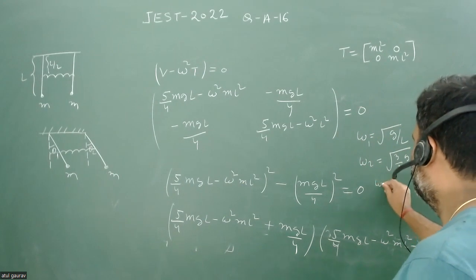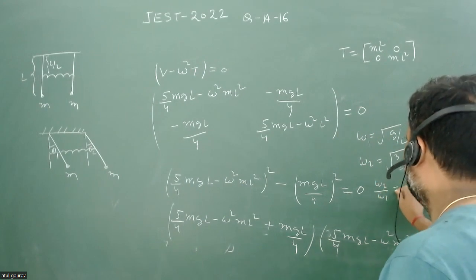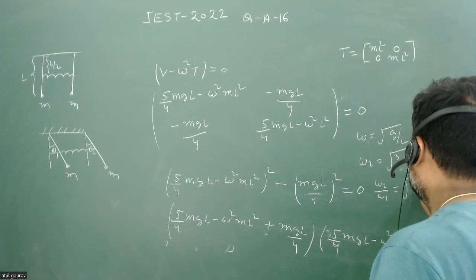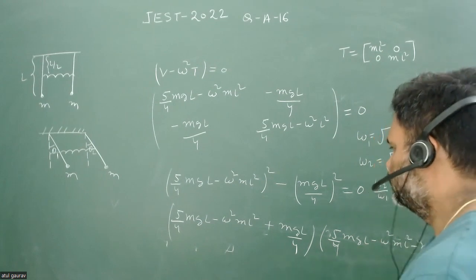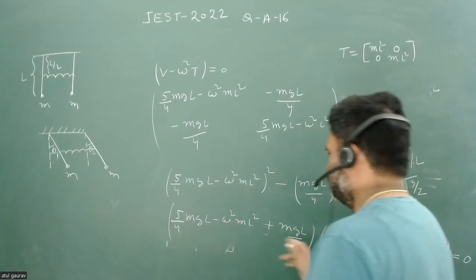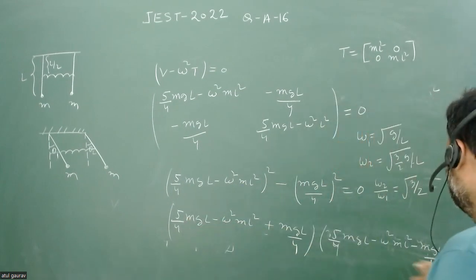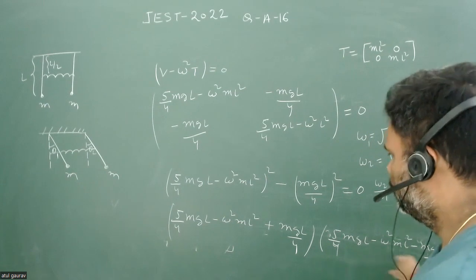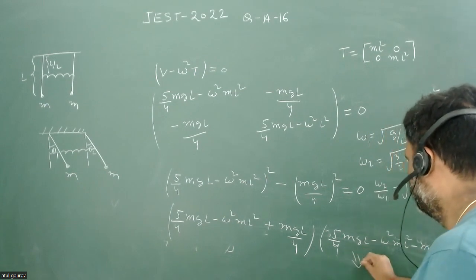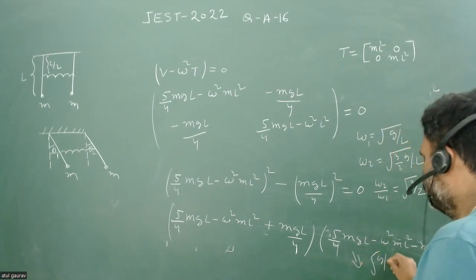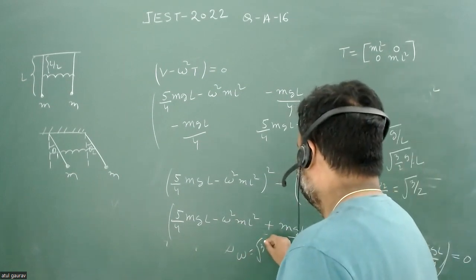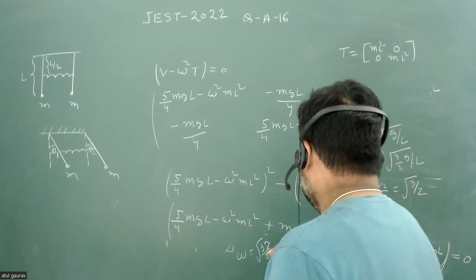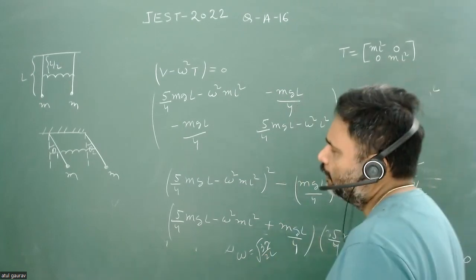So omega 2 by omega 1 is equal to the root of 3 by 2, with 6 by 4 over 4 by 4. So this will give you root of g by L for omega 1, and root of 3g by 2L for omega 2. So from here we can easily get it.